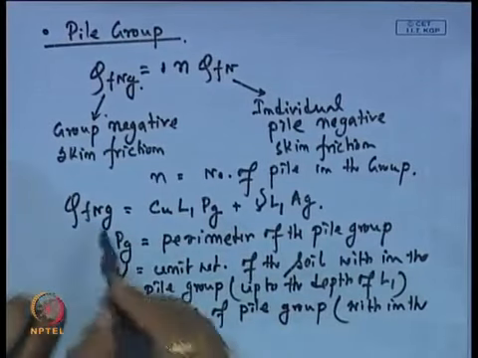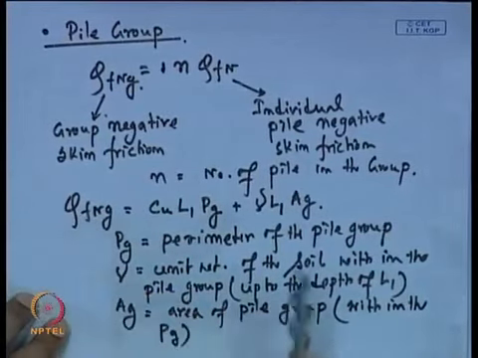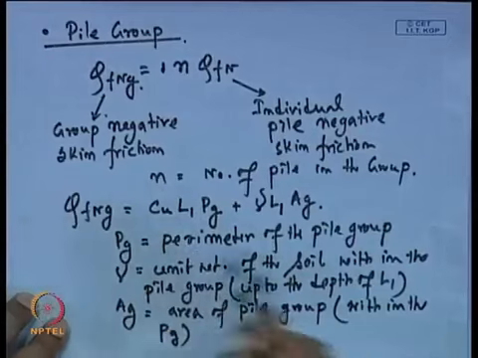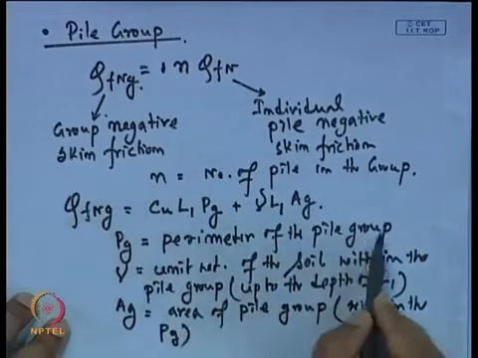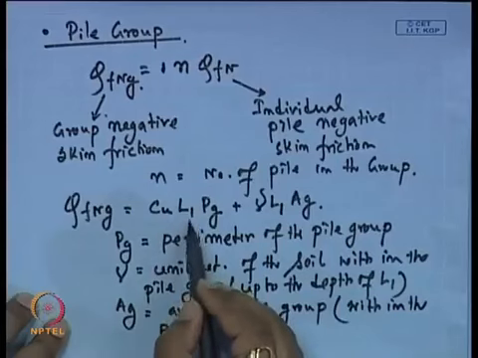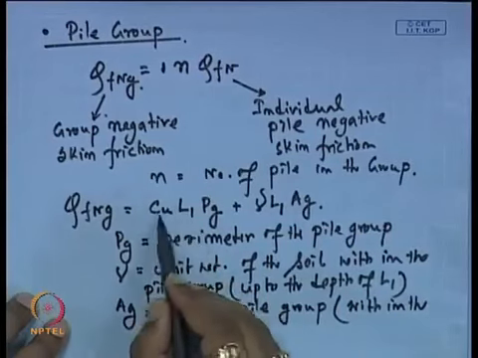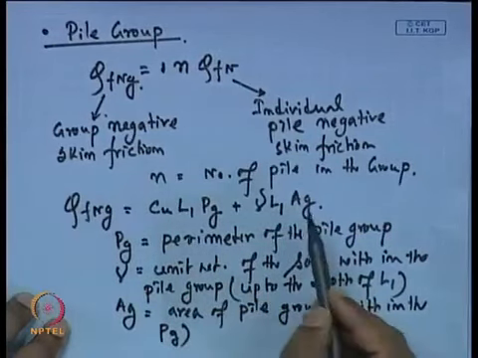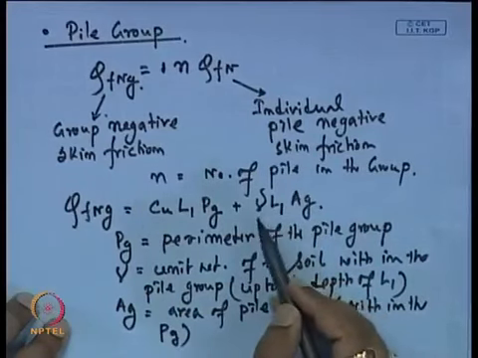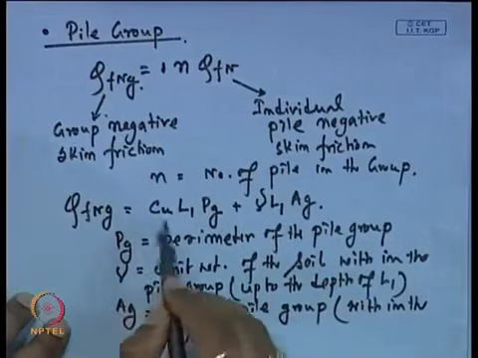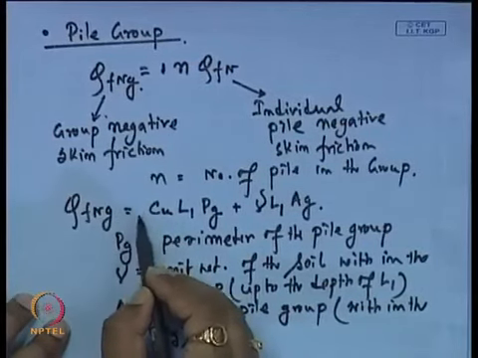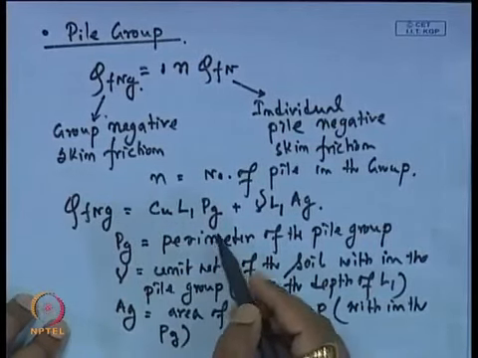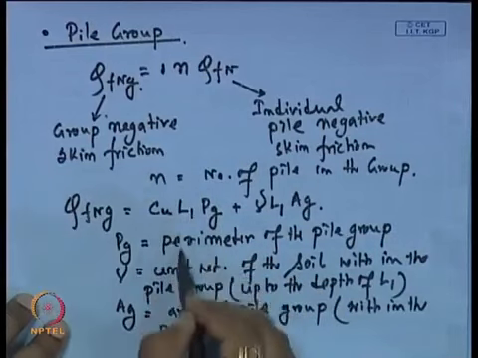So, that means this group negative friction you can calculate. If I consider the group as a block, then this is the perimeter of that pile group, then this is the length of this compressible layer into Cu. Here we will not consider any adhesion factor, because adhesion factor is basically equal to 1, because this is the interaction between soil and soil, as we are considering the piles as a group.